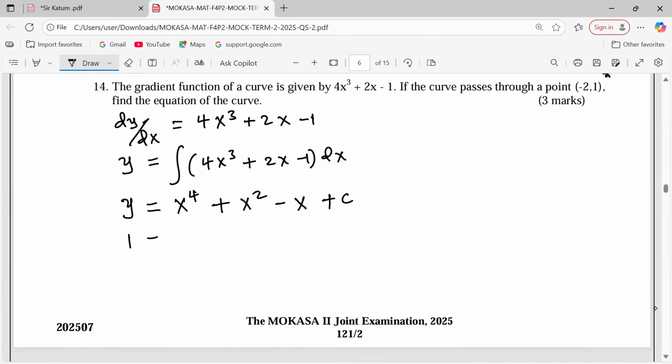So we substitute to get the constant. When x is -2, y is 1. So we have -2 raised to power 4, and -2 raised to power 2, minus -2, then plus c. 1 will be equal to negative 2 power 4.